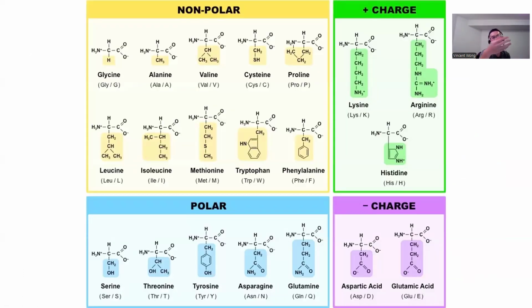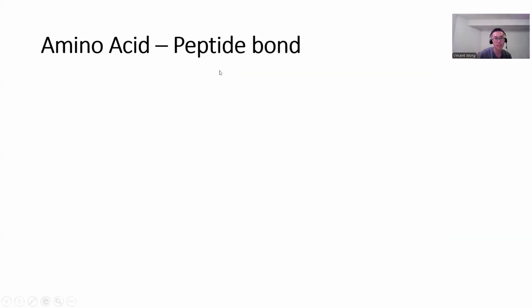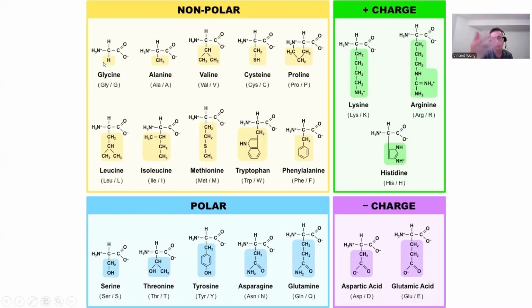All right, so here is an example of some, is it 20? Maybe there are 20 here. So here are the amino acids. And you can see they all have the C and the H, and then the COOH, and then the NH. Don't worry about the negative and the positive. It basically means the same thing for us. The highlighted part is the side chain. So each amino acid has a different side chain. Some of them are just an H, some of them are CH3, some of them have rings.